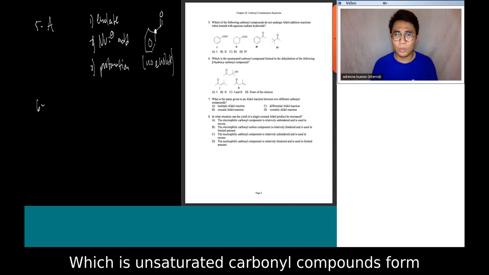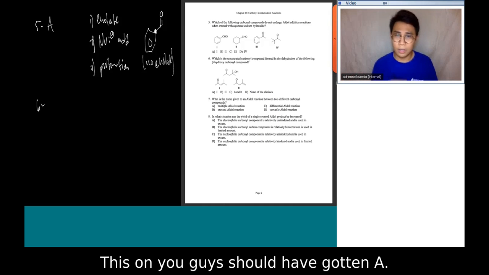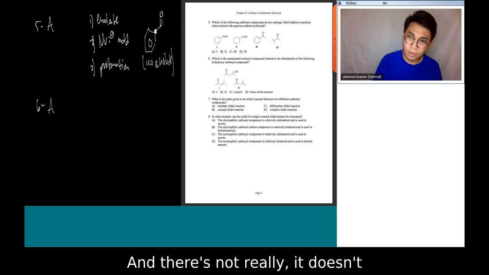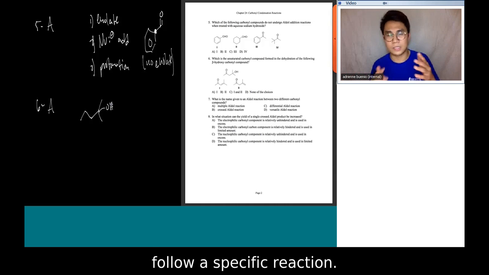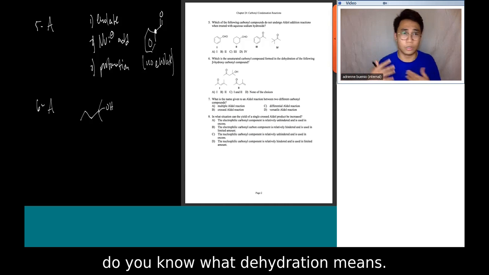6. Which is an unsaturated carbonyl compound formed in the dehydration of the following? This one, you guys should have gone A, and this is one of those where it doesn't follow a specific reaction. It's just one of those things where, do you know what dehydration means, right?